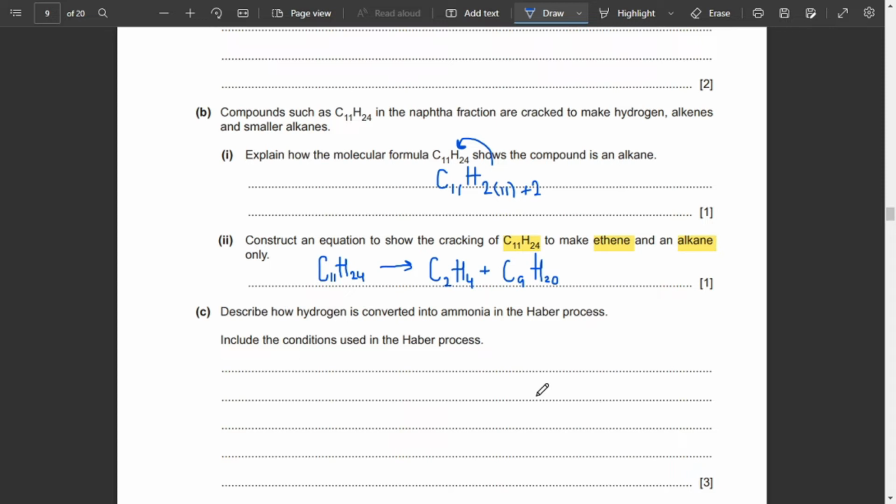In case catalyst isn't used, of course, you do not need to mention it. However, make sure whenever we're talking about conditions, these three things hit your mind, which is pressure, temperature, and catalyst. In this Haber's process, we have around 200 to 400 atmospheric pressure, and then we use a catalyst iron Fe, and the temperature is around 400 to 500 degrees Celsius. So this is how you're going to write it over here.